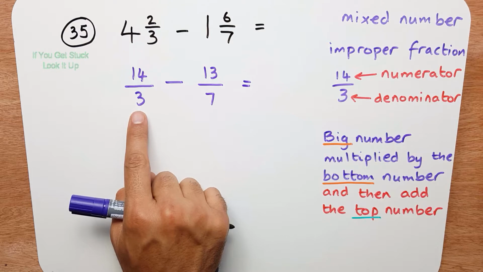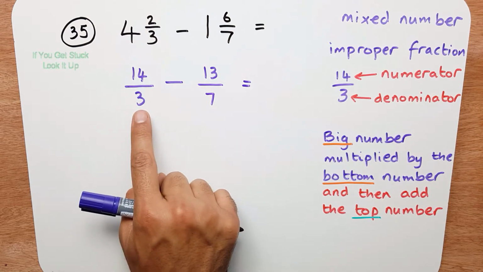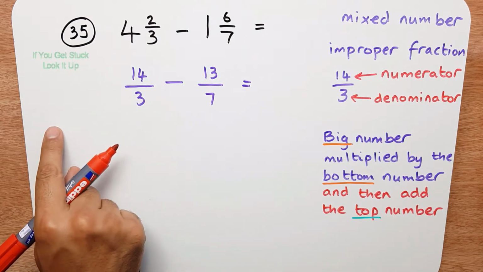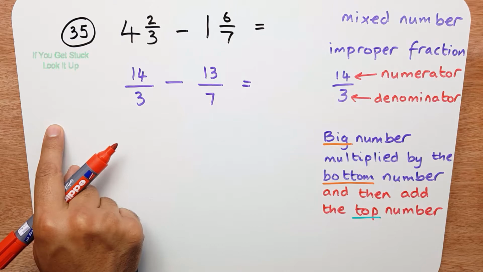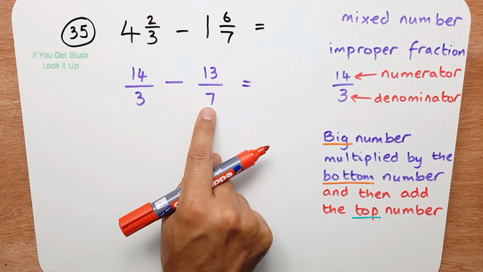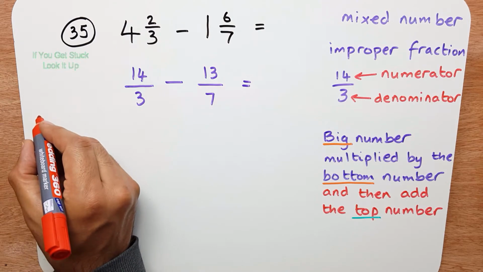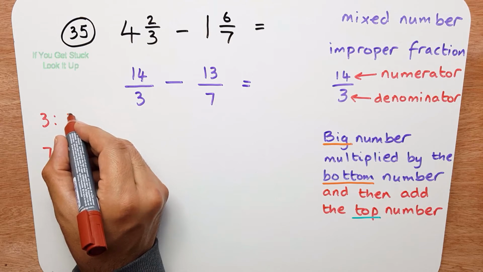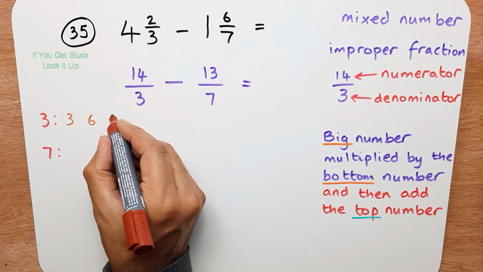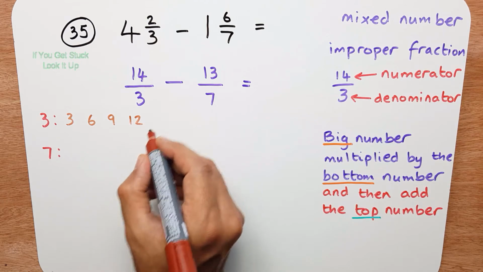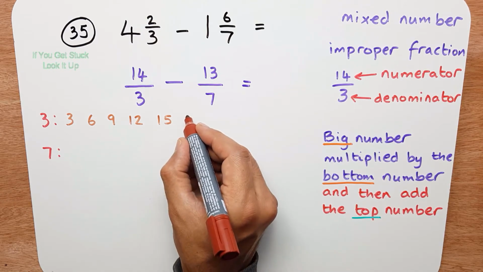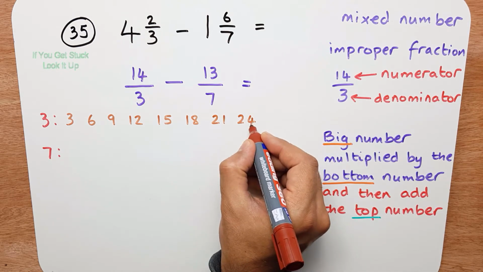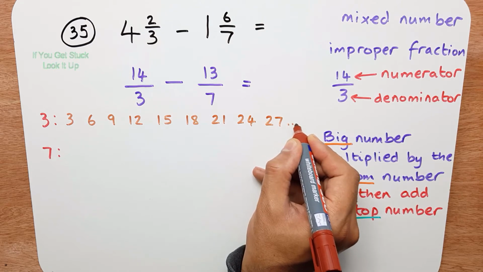If you note, the denominators, the bottom numbers, are different. Now somehow we have to make those the same. So let's do our 3 times table and 7 times table to find a number that's common in both times tables. 3, 6, 9, 12, 15, 18, 21, 24, 27, and so on.